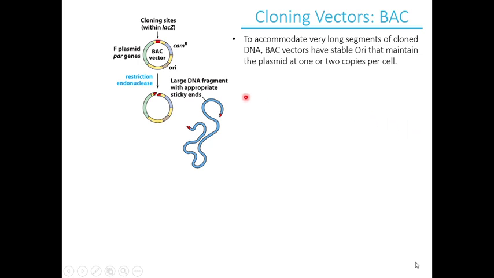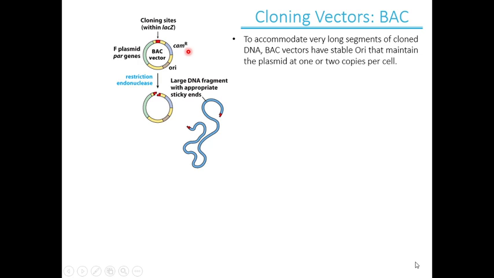The low number of copies is useful in cloning large segments of DNA, like the one shown here, because it limits the opportunities for unwanted recombination reactions that can unpredictably alter large cloned DNAs over time. The BAC vector also includes selectable markers such as CAM, an antibiotic resistance gene, where CAM stands for chloramphenicol.